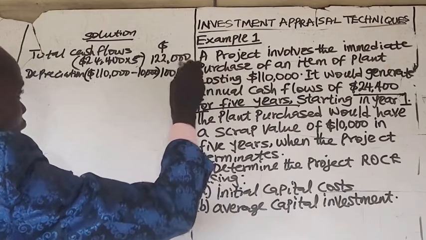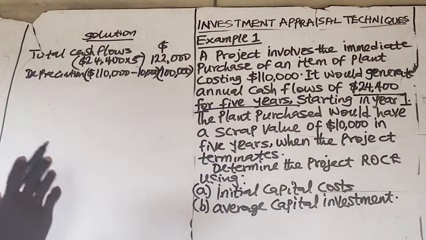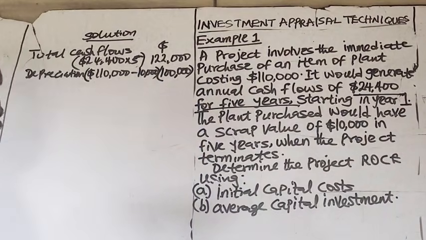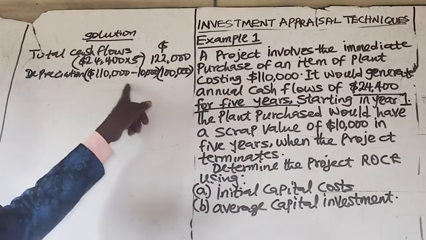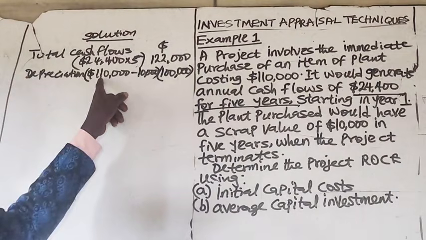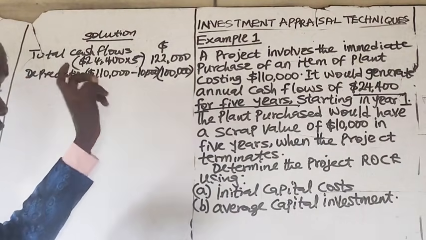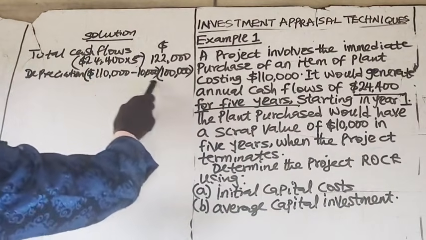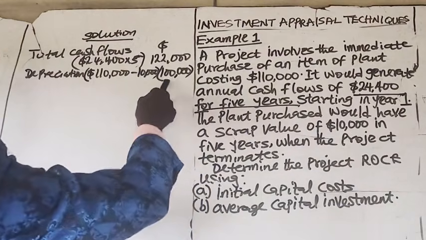So the total depreciation over the entire life of the project is $100,000. If you divide it by 5, that will give you the annual depreciation. That is 110,000 minus 10,000 divided by 5. That means you have annual depreciation of $20,000. But over the 5 years, you have depreciation of $100,000.